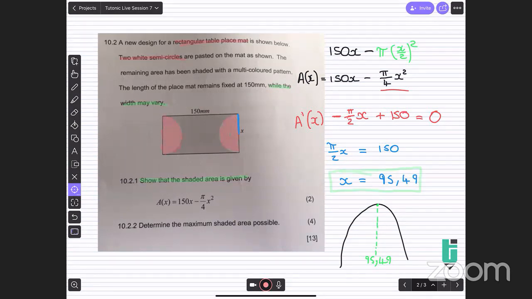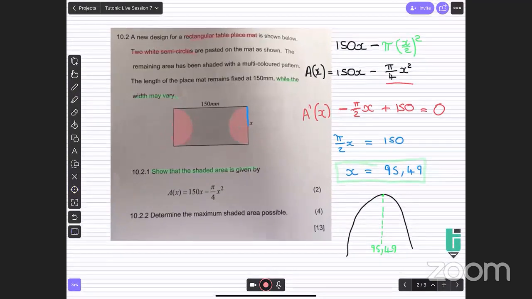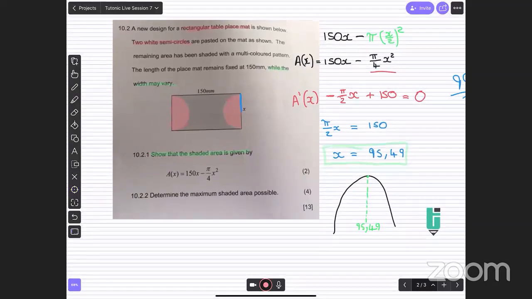Is everybody clear on that? I'm not hearing many voices. You guys okay with that? Okay. And what is the answer that you get? Are you subbing in 95,49 into the area equation?